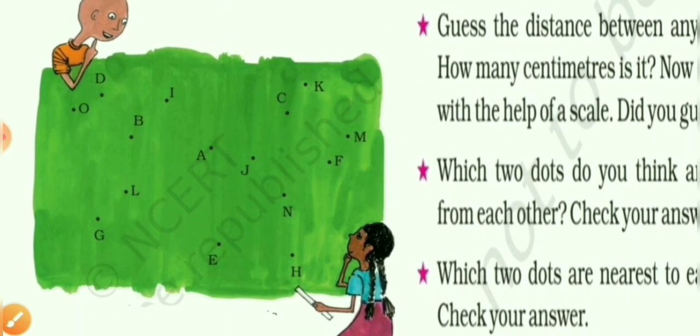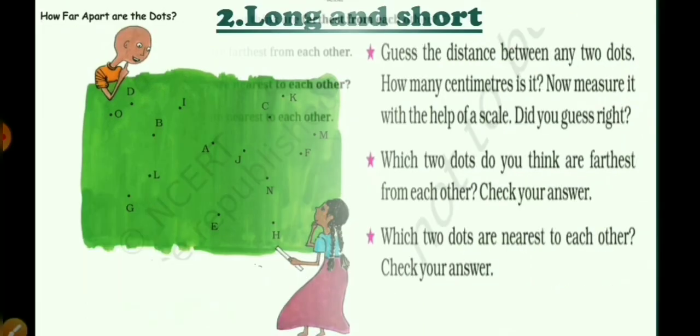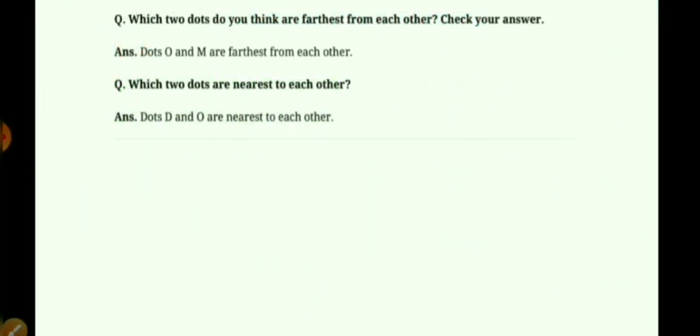Which two points have the maximum distance? Here you have to measure the distance between all the dots using a scale, and you have to write the answer. You can write the answer like this.